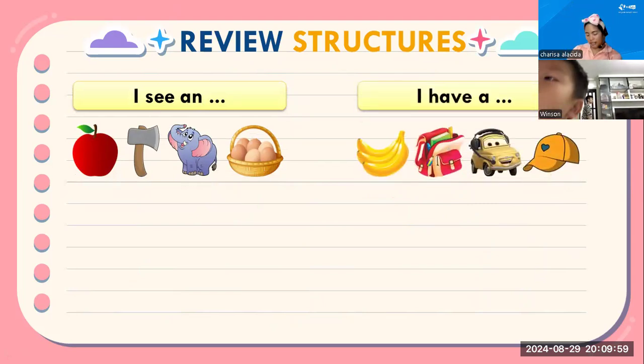I have a banana, bag. What is this? Car. Yes, very good. And what is that? Hat. Cap. Okay, thank you.